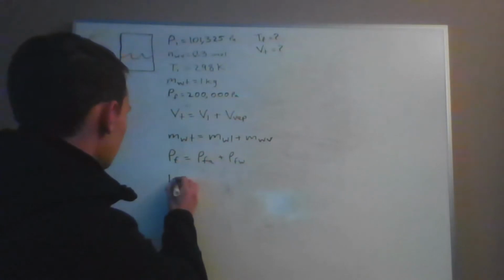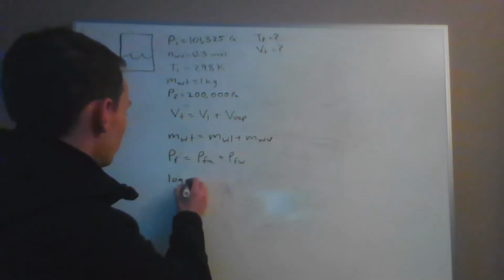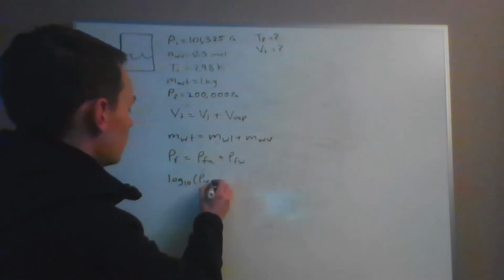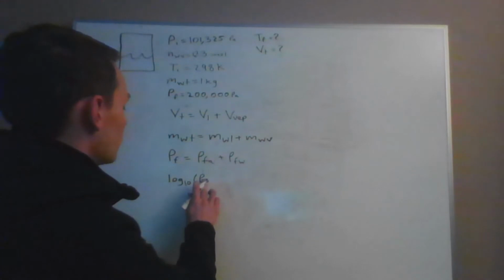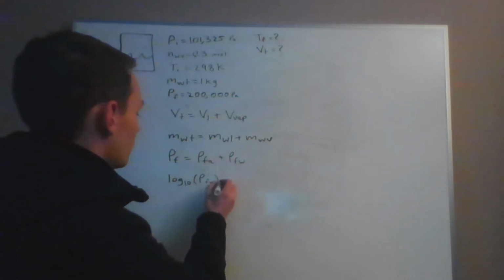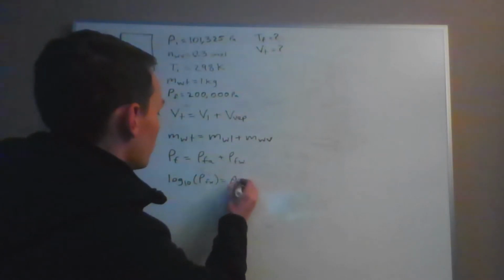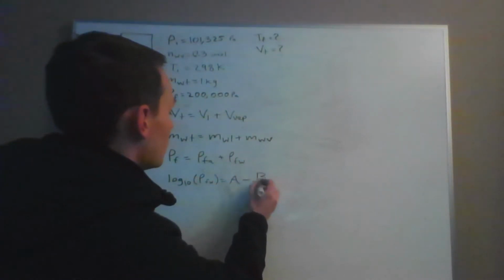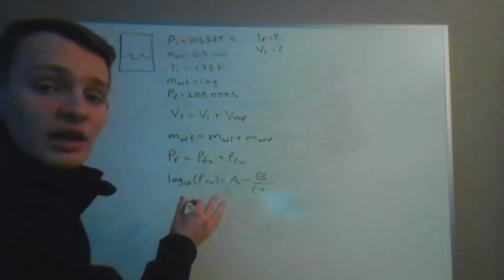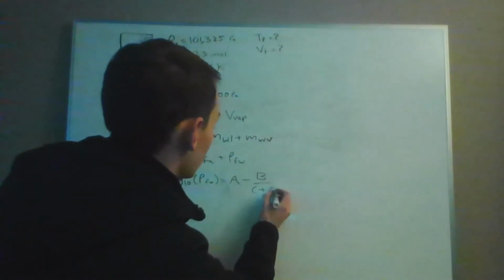The Antoine equation is the log, the common logarithm, so log base 10, of the vapor pressure. This is going to be the final vapor pressure of water, equal to coefficient A minus B over coefficient C plus, in this case, since we're in the final state, the final temperature.